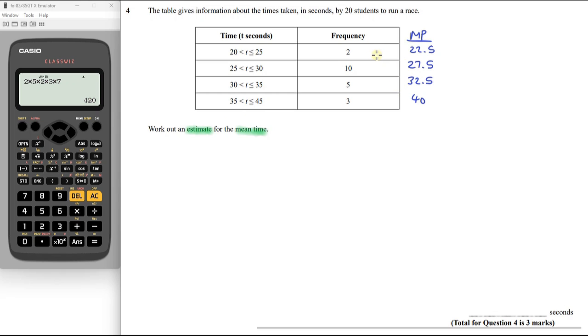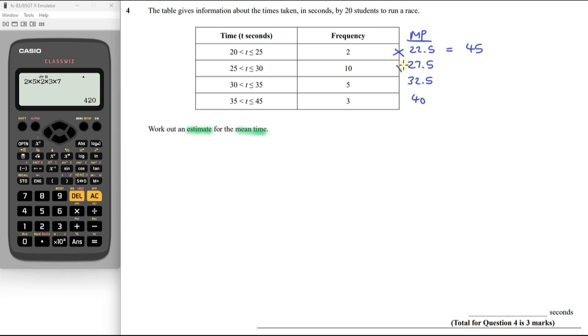Now let's think about how long each of these categories took. So these 2 people, we're assuming they took 22.5 seconds each to run the race. So the total time they took, well, we just multiply the frequency by the midpoint. So 22.5 times 2, well, that gives us 45 seconds.